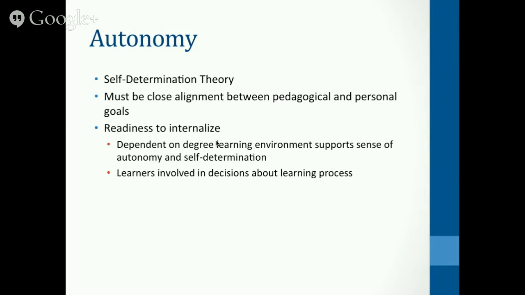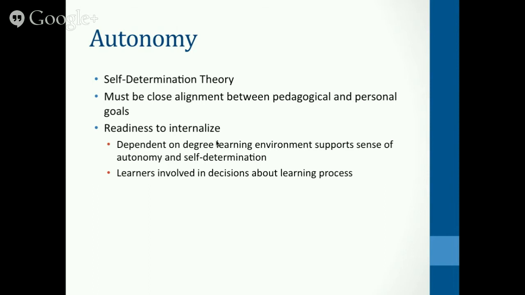Learners have to be involved in decisions about the learning process. So that goes back to the first point. This goes with research on something called critical pedagogy, where some of the onus is put on the learners to help create the learning goals for the classroom.